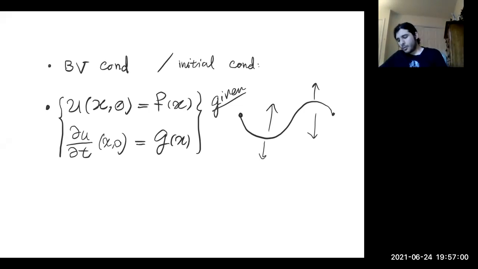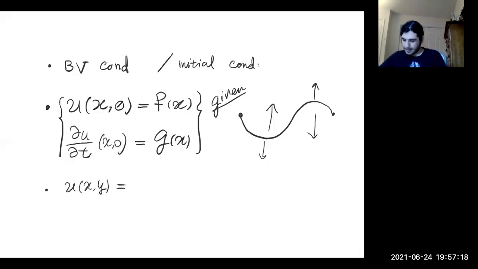Now, we know what u of x and t is. u of x and t is equal to F1 of x plus ct plus F2 of x minus ct.